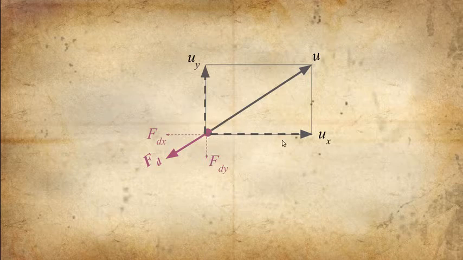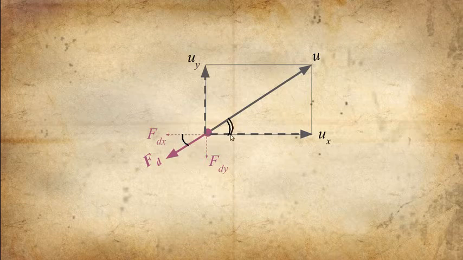This angle between ux and u itself is the same as the angle between the drag force and the x component of the drag force. So this angle here and this angle here, those are vertical angles, and they're equal angles. So if I can determine this angle, then I know the angle of the drag force as well. And all I have to do, taking that direction, is multiply by -1, and I'll get the drag direction.